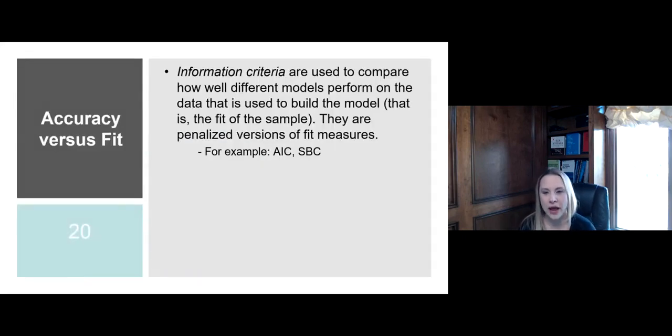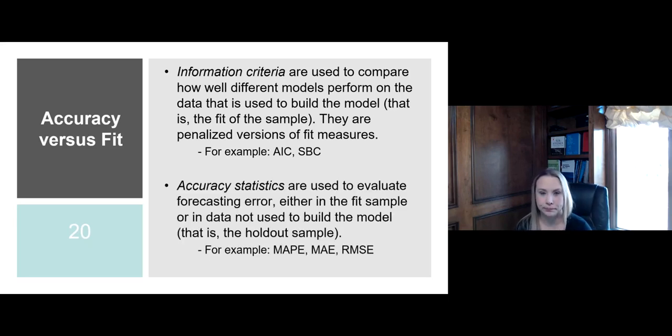As far as evaluating accuracy versus fit, we're typically going to use information criteria to compare how all of our models performed on the data. Examples of this would be AIC and SBC, which is just a form of BIC. So again, the Bayesian information criterion, the Schwarz information criterion, and the Akaike information criterion.